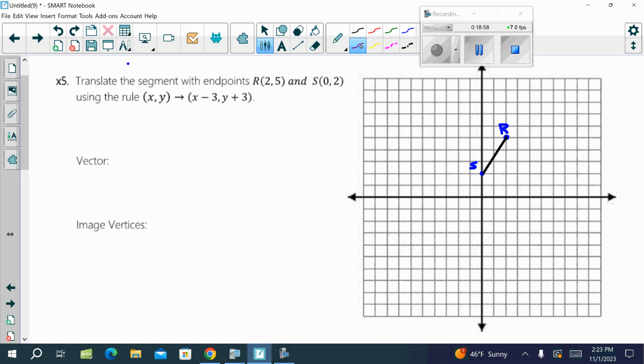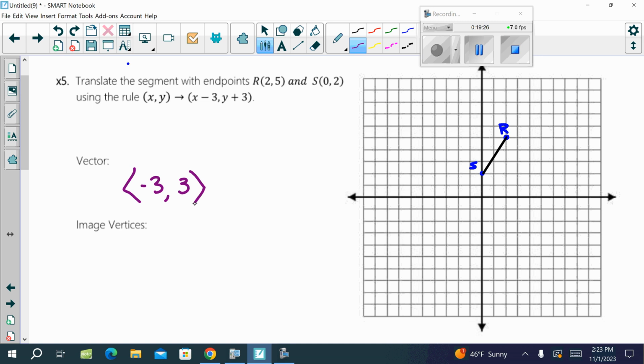Okay, and then it wants us to turn the coordinate rule into a vector form. So triangle, what would we put into the triangle order pair? -3, comma what? 3. Good. So that's the coordinate rule in vector form. So we need to shift our segment how?